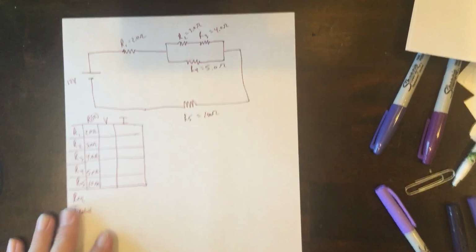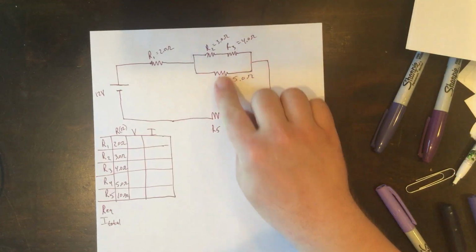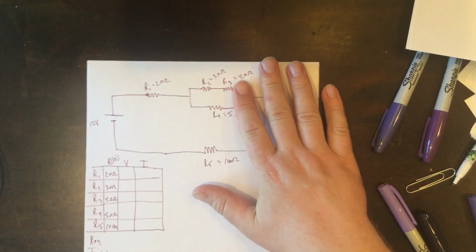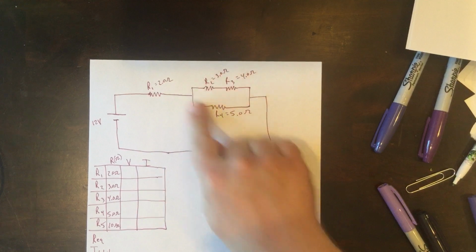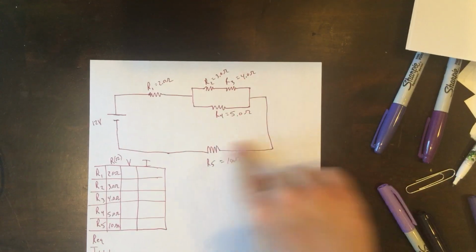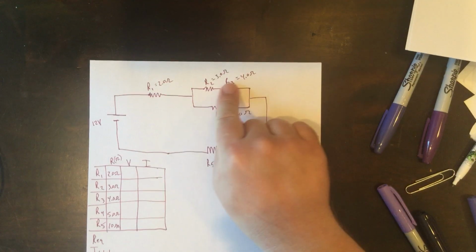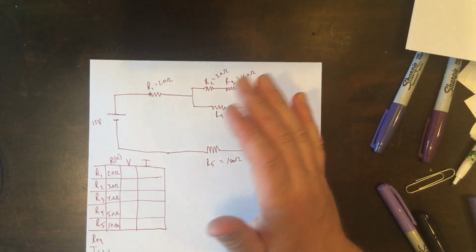All right, make sure I'm actually on the screen here. Okay, so we have multiple situations. If we look, R1 would be in series with this whole thing, which would then be in series with R5. R2 and R3 are in series, but they're parallel to R4. So where do we begin?